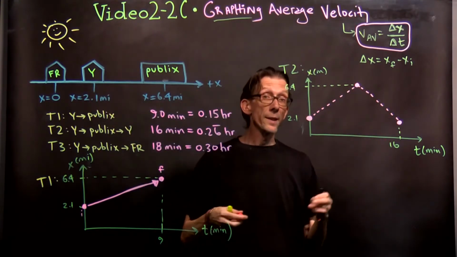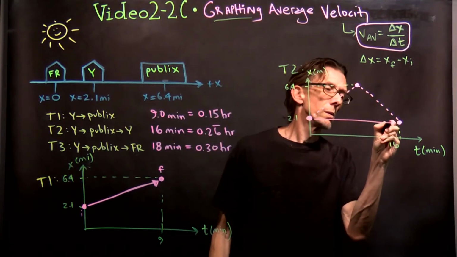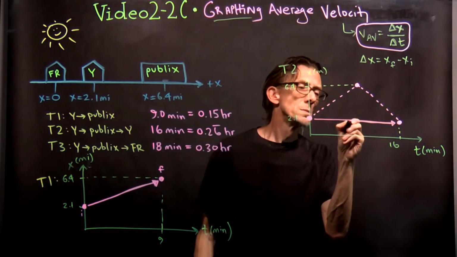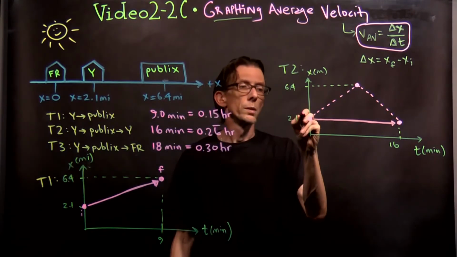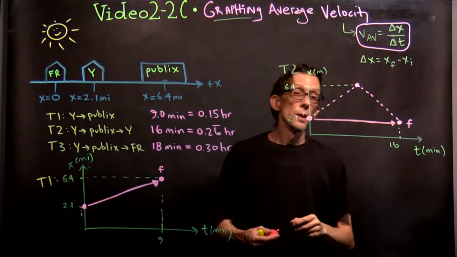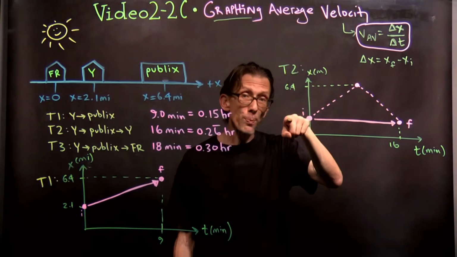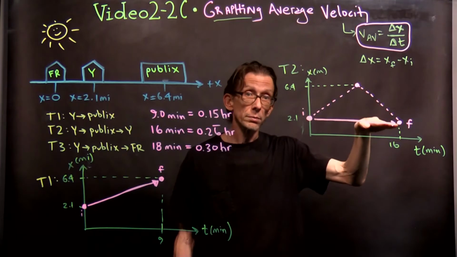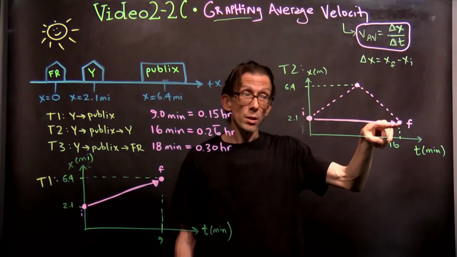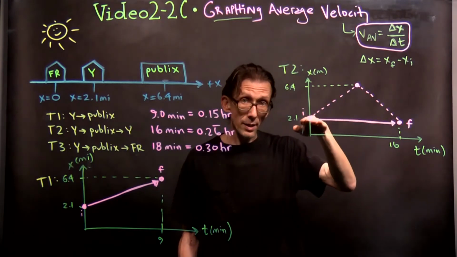Now our solid pink arrow connects the initial point and the final point. Now notice that the x value of point I and point F are the same. They're both at 2.1. So this is a horizontal line on the graph. You start and end at the same position. Of course, it's later in time when you get back to point F, but your position on the number line is the same.